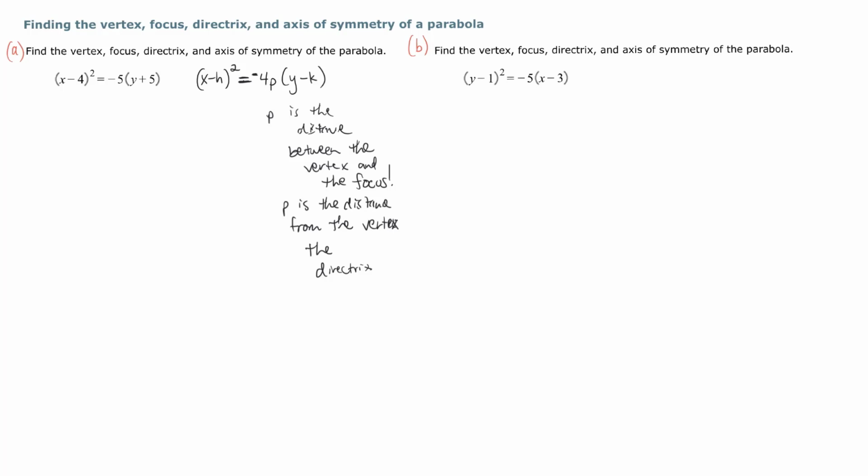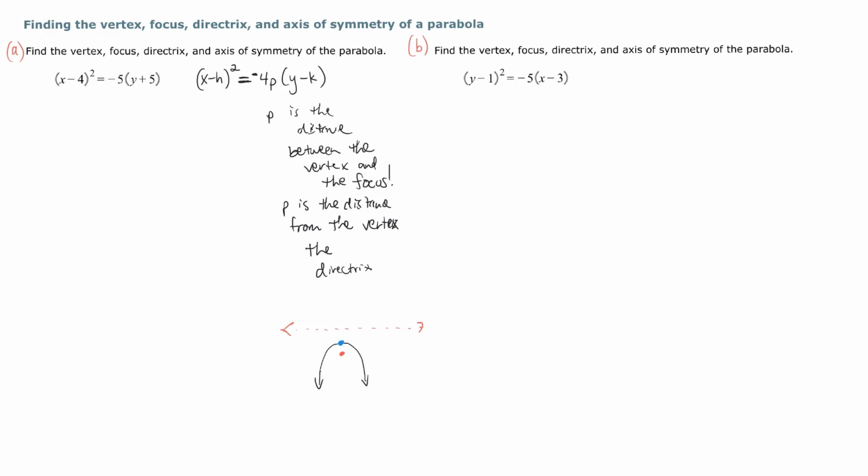I could give you a really generic sketch here. This parabola is going to open down, right? Let me draw that a little bit better so that's not tilted. And there's a vertex, and then there's a directrix here.